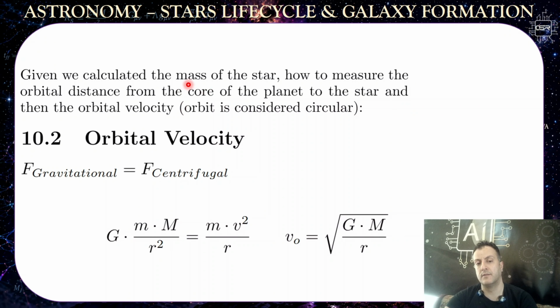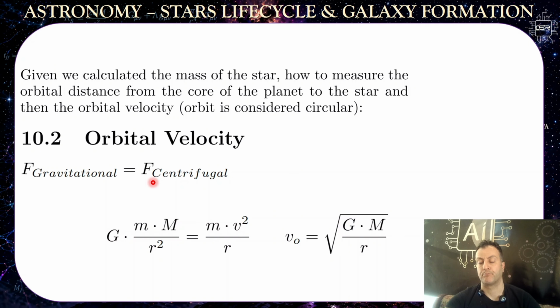Given we calculated the mass of the star, how do we measure the orbital distance from the core of the planet to the star, and then the orbital velocity? The orbit here in this particular case is considered circular. For the orbital velocity, the gravitational force is equal to the centripetal force when it comes to a circular orbit around a sun or a star.